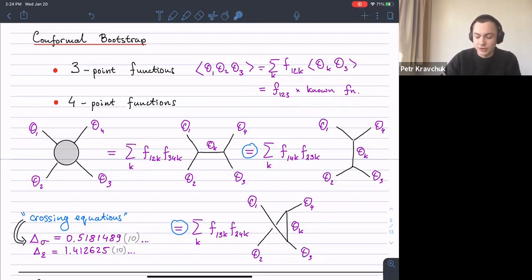So in this case, we'll have f_12K, f_34K, and then times some known function, which can pictorially be depicted in this way. So it just describes the exchange of O_K in this OPE of O1, O2. And you can, of course, do other OPEs like O1, O4 or O1, O3, which leads to 2 other kinds of expansion.